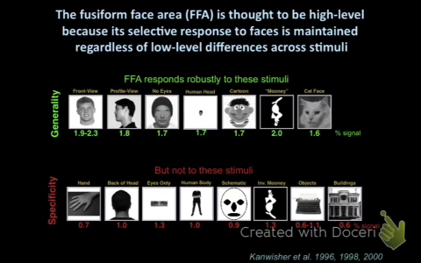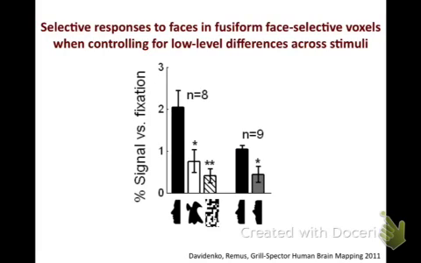Of course, there are many differences between faces and non-faces, and one can wonder whether it's really a high-level difference in terms of our percept or some low-level difference between faces and other stuff. For example, faces are round and body parts are elongated. However, other kinds of research suggest that this response is not driven by low-level stimuli.